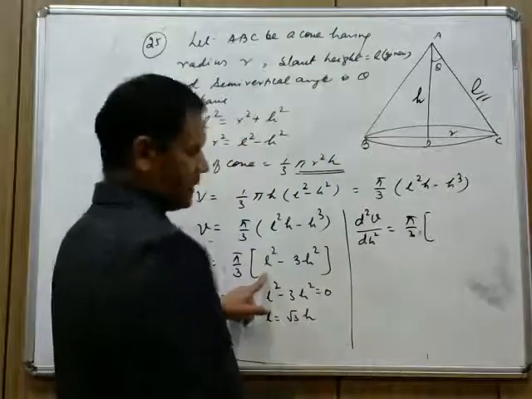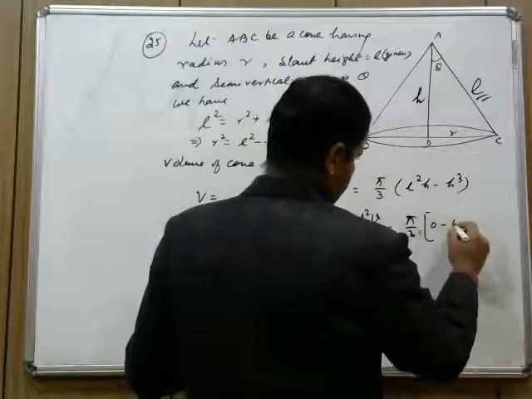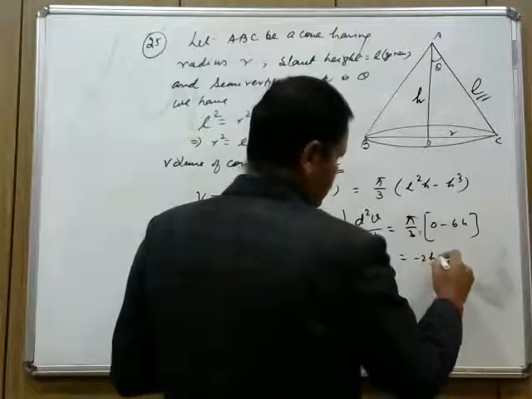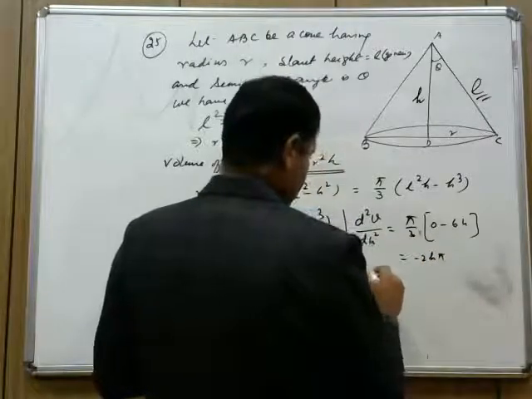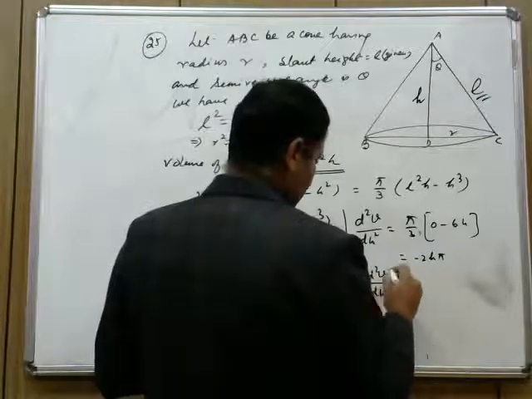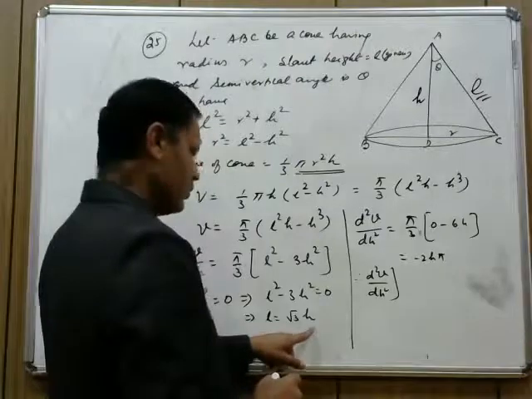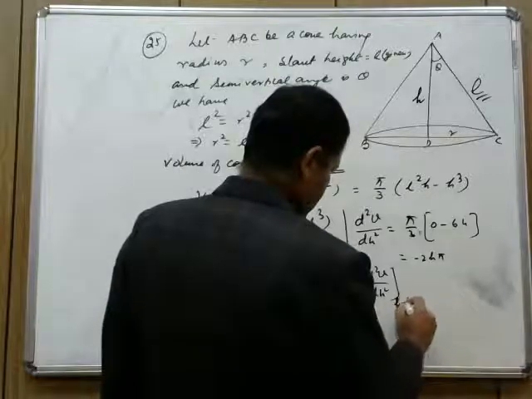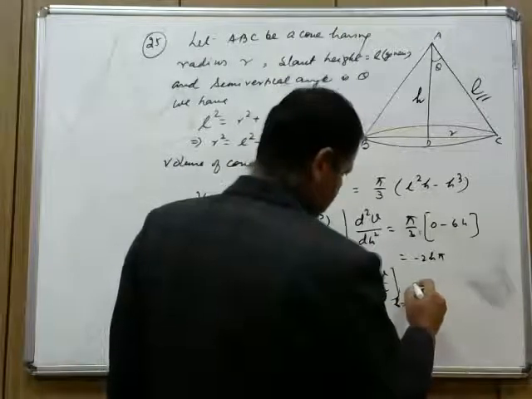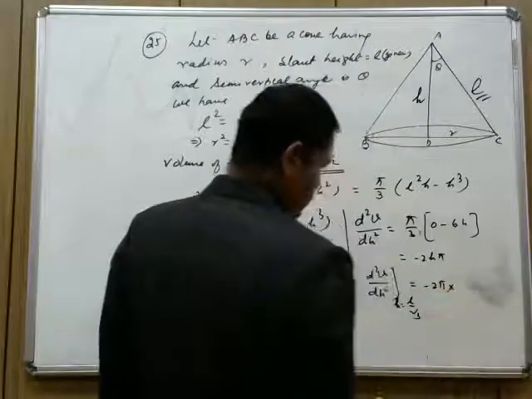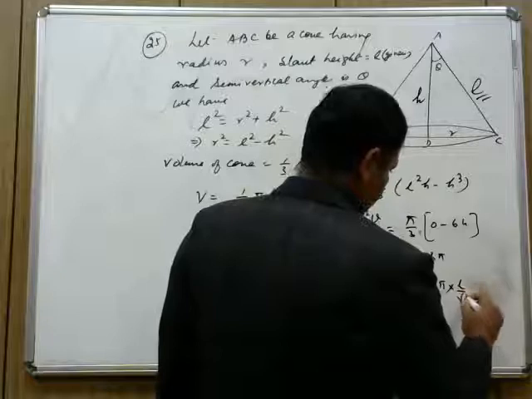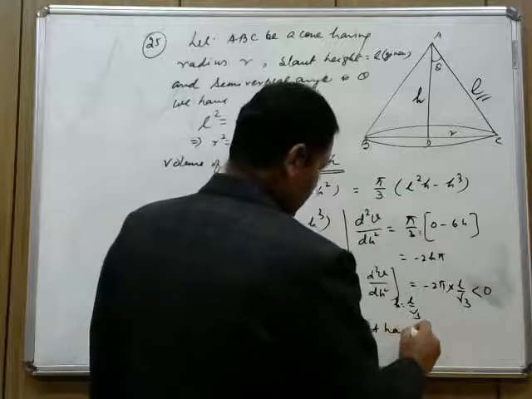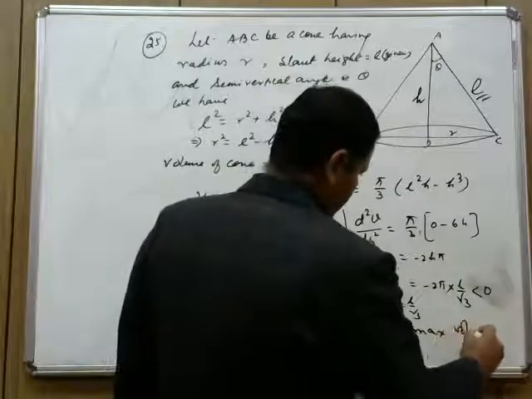Differentiation of L square is 0, minus 6H, so pi by 3 times minus 6H, that's minus 2 pi H. Therefore d square V by dH square at H is equal to L by root 3 is equal to minus 2 pi into L by root 3, which is negative, less than 0, and therefore it has maximum volume.